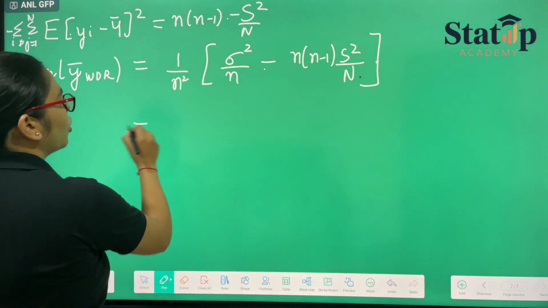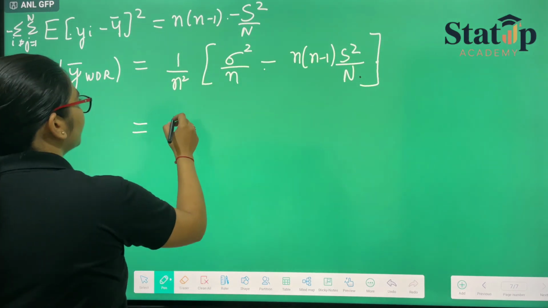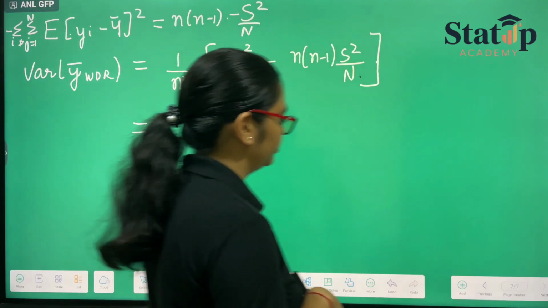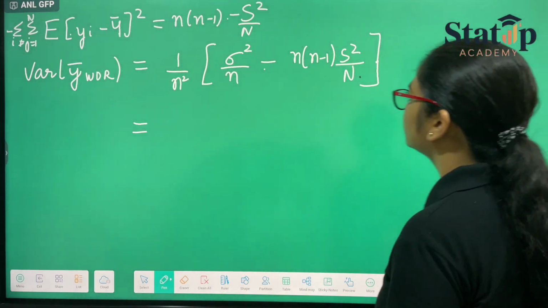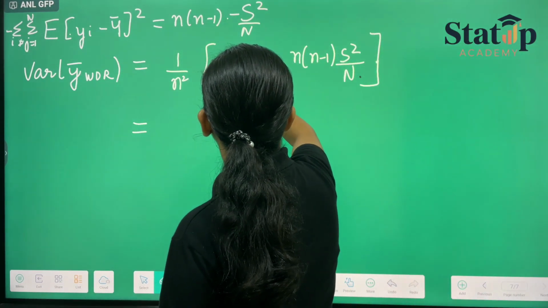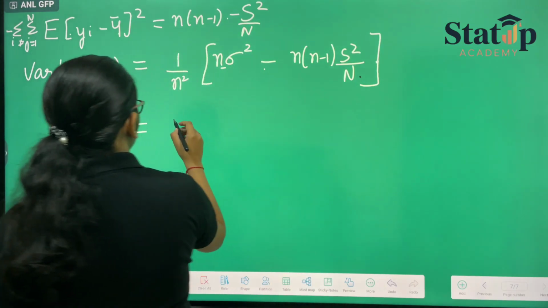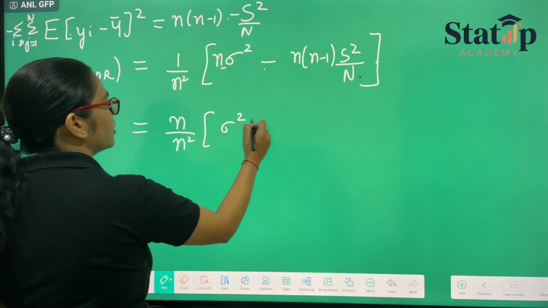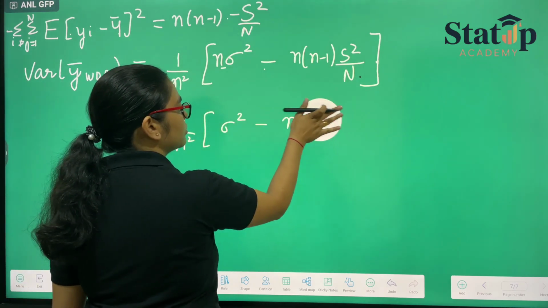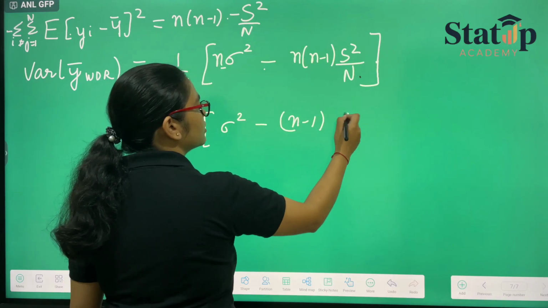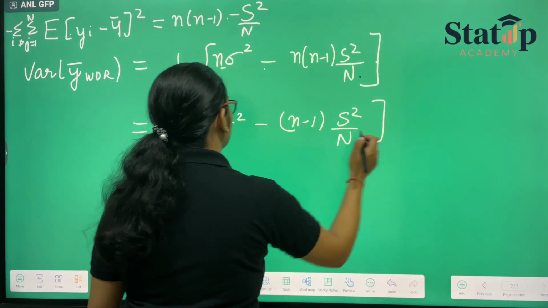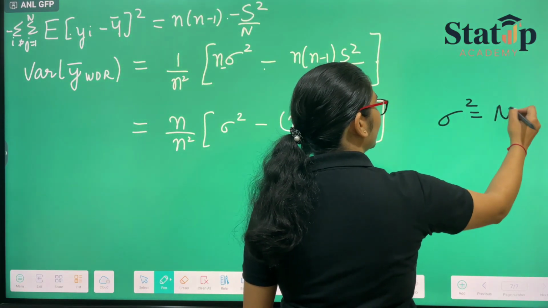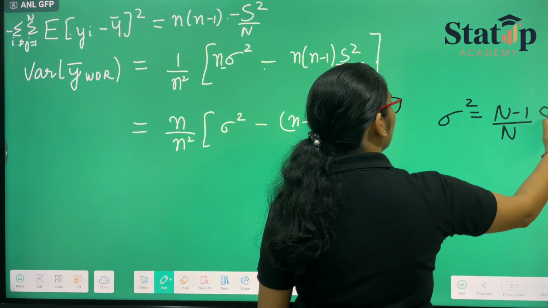Now we can take n common from here. This is n sigma square. So taking one n common, n upon n square, we are left with sigma square minus (n minus 1) S square upon capital N. Sigma square can be substituted. Sigma square is nothing but capital N minus 1 upon capital N S square.